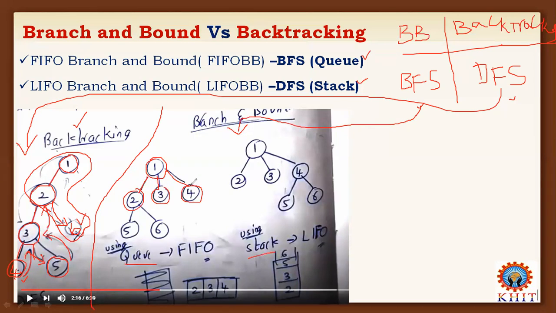In the second stage, you add all the possible nodes. Once the second stage is over, you keep on adding first in, first out. Which node comes first in the second stage? Node 2 comes first. Then only you add child nodes to the first node.